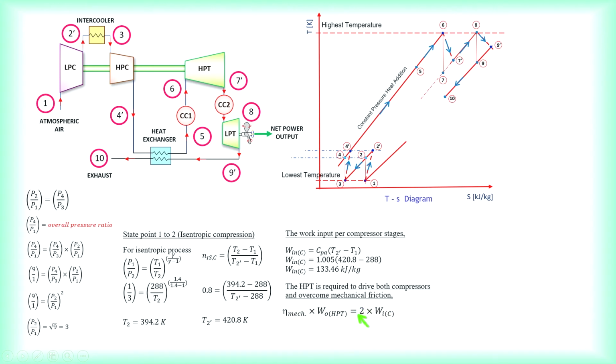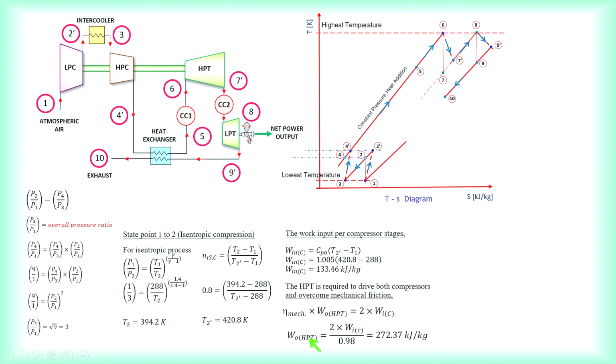That is why I multiply by 2, because one is for the low pressure compressor and the other is for the high pressure compressor. So the work output is 272.37 kilojoules per kg.